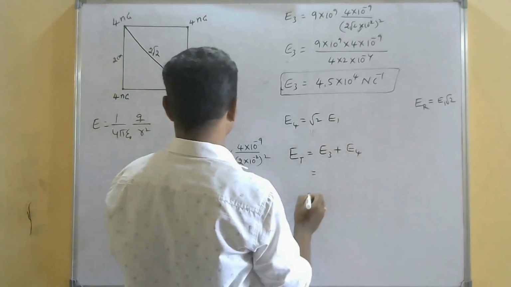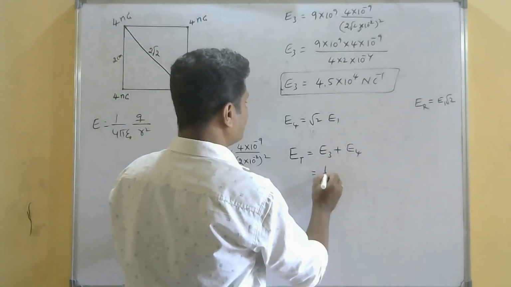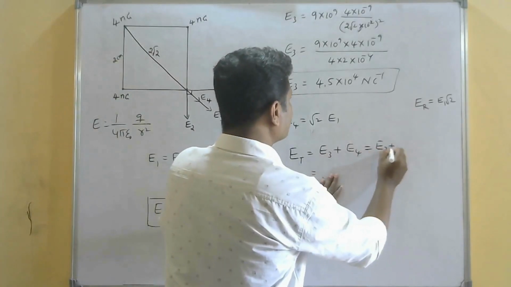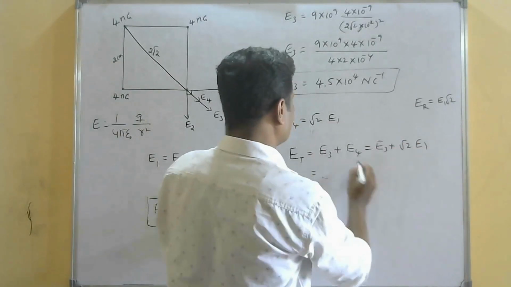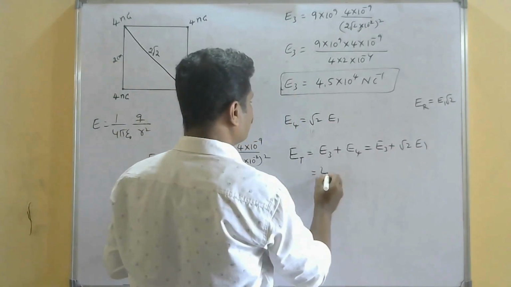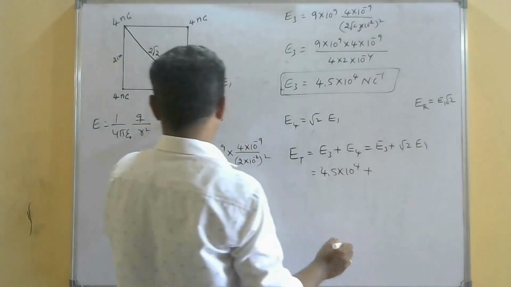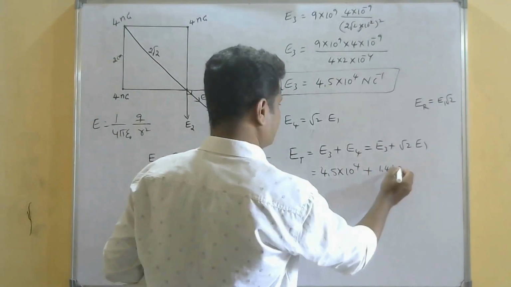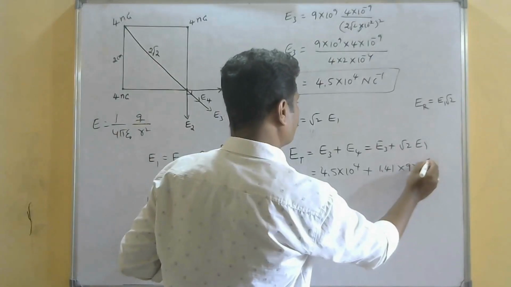Let me write once again, E3 plus E4, where E4 is equal to root 2 times E1. Now substituting the values, E3 is equal to 4.5 times 10 raised to 4 plus root 2, whose value is 1.41, times E1, which is 9 times 10 to the power of 4.